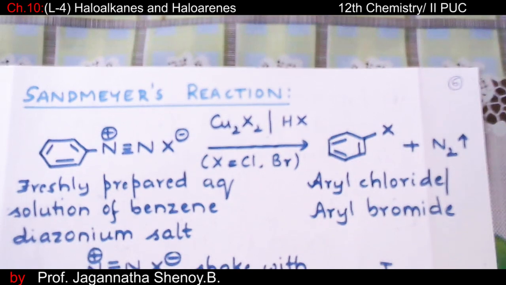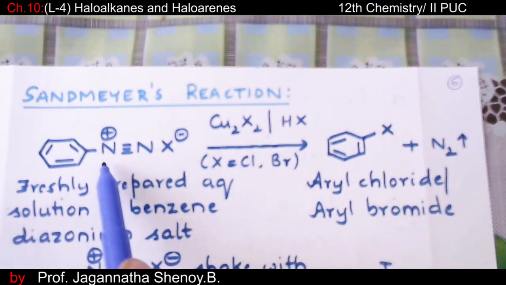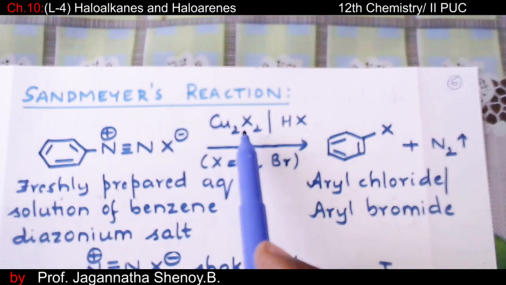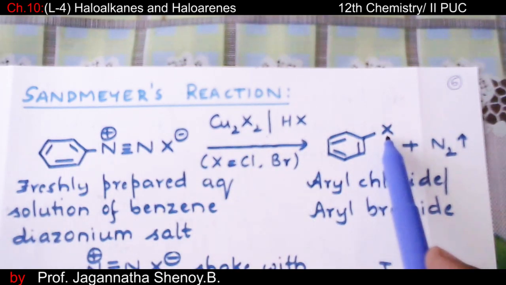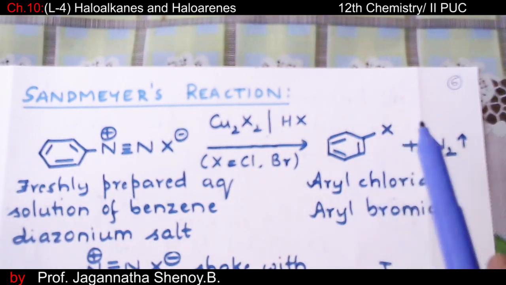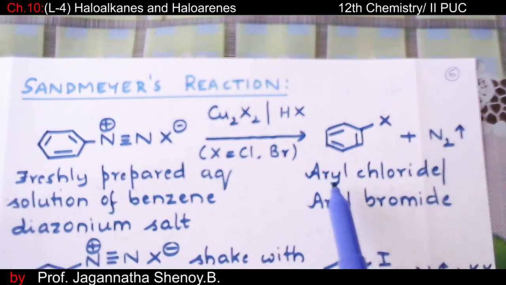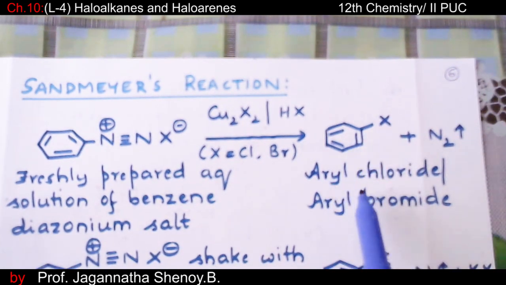What happens is, the entire diazonium salt group will be replaced by the X group, chloro or bromo. Meanwhile, nitrogen gas is liberated. So by this method, I can get aryl chloride or aryl bromide.